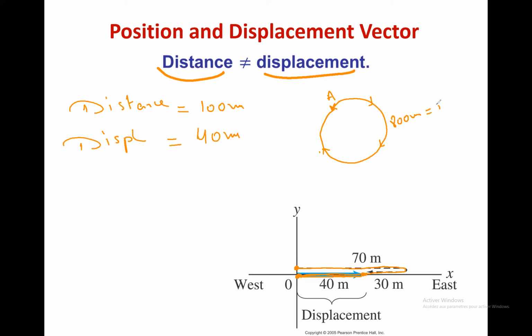This is the distance, the real distance. But the displacement equal to zero because it's the distance between the initial point and the final point. Here, these 2 points are the same. Thank you.